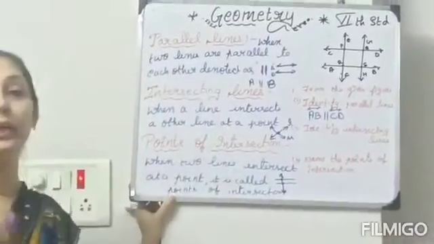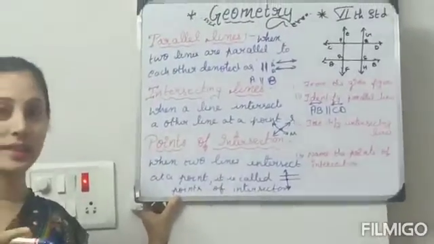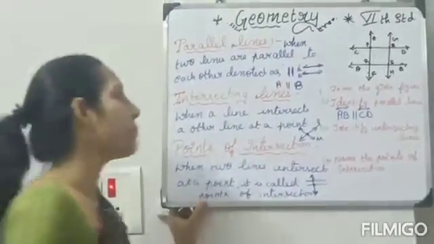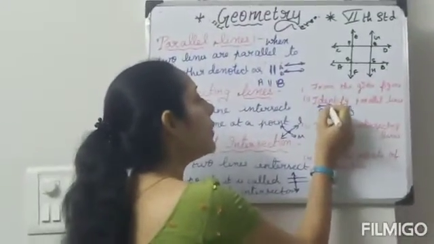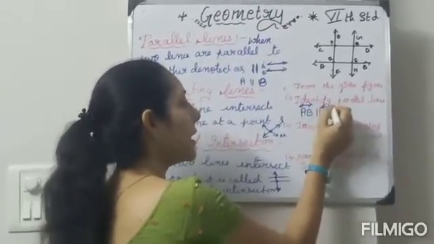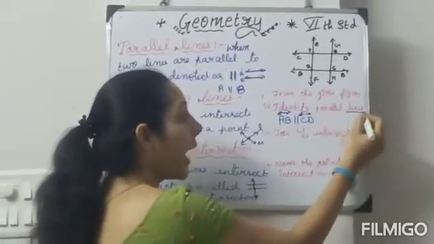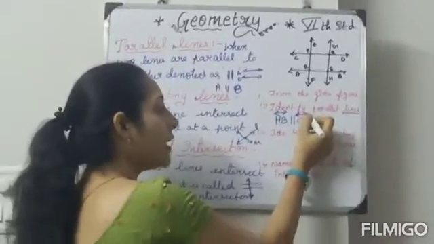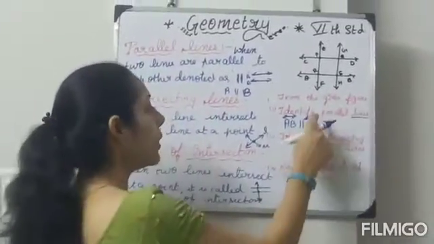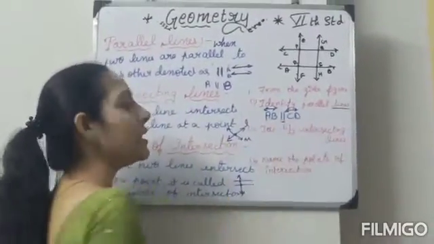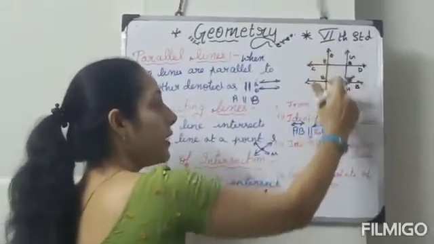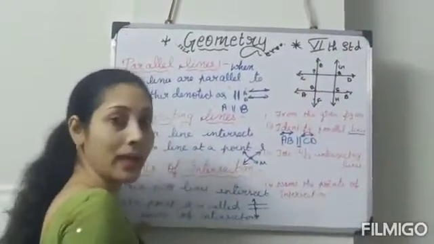You are writing it in your classes. This is the symbol you have to draw for a line, because we are saying parallel lines, right? Whenever line comes, you have to write it down, and this is the parallel symbol. AB parallel to CD.